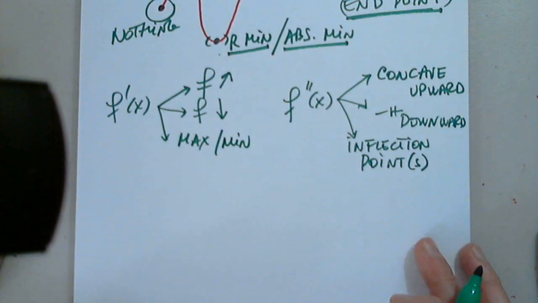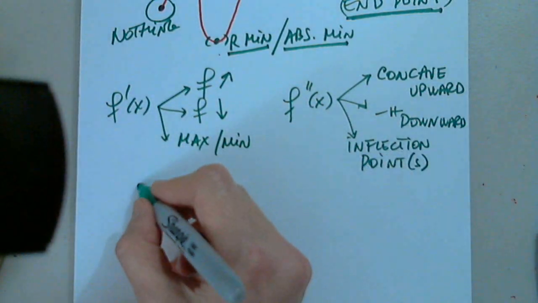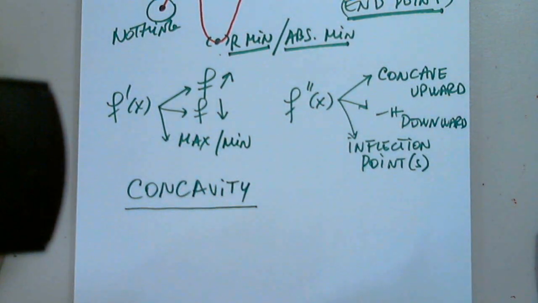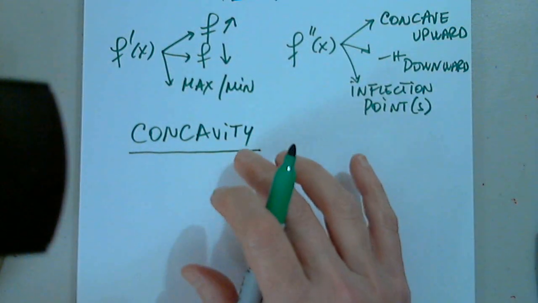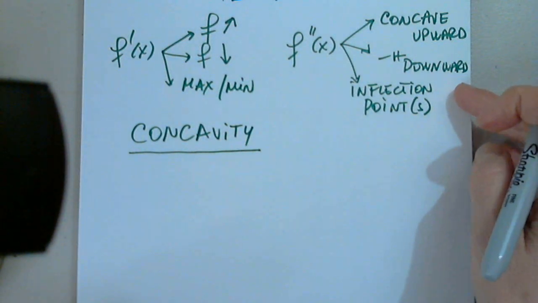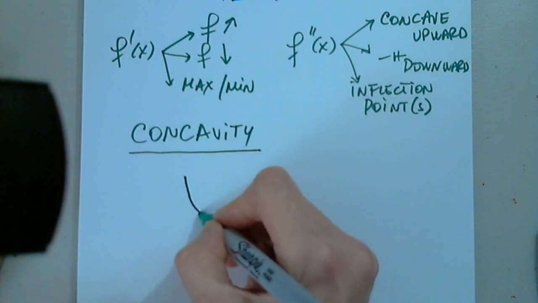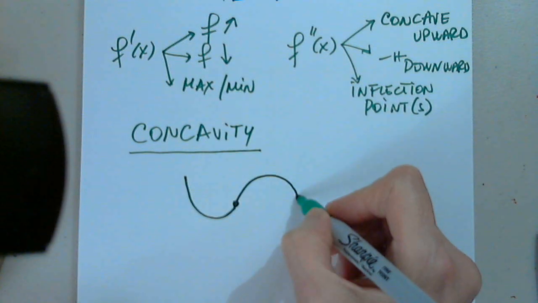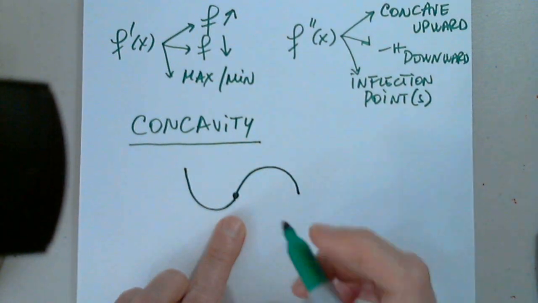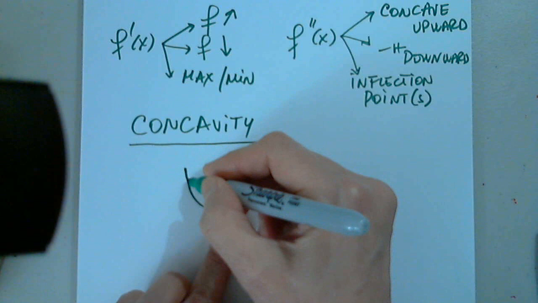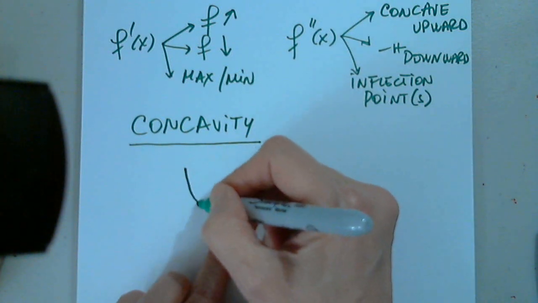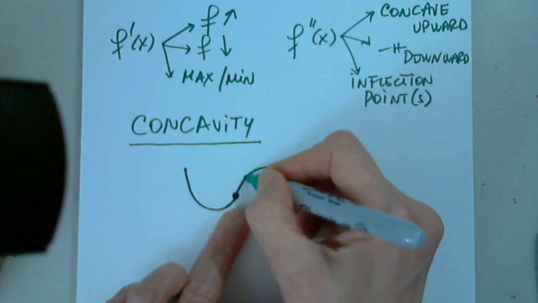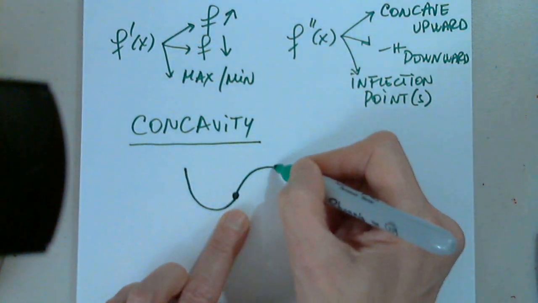What's all this? Okay, so let's discuss that. Let's talk about concavity first. What does concavity mean, upward and downward? So here's a function. See what happens here? We say this is concave upward. We like to say it holds water. And at this point, it changed concavity. It no longer holds water.